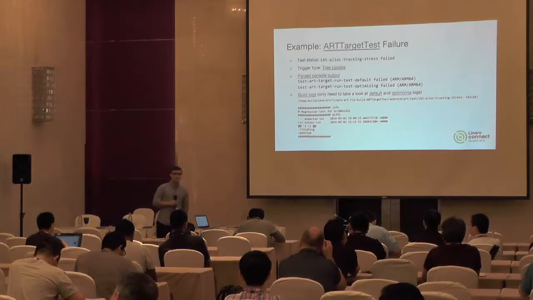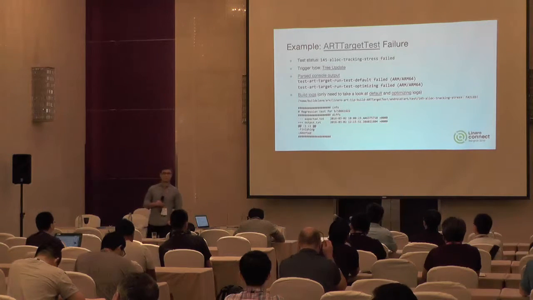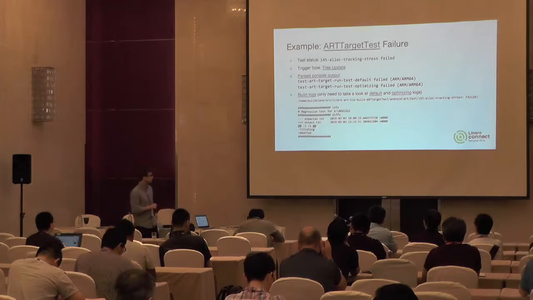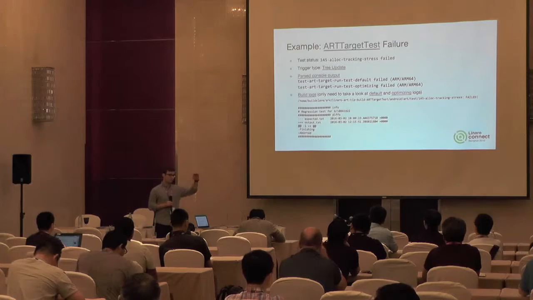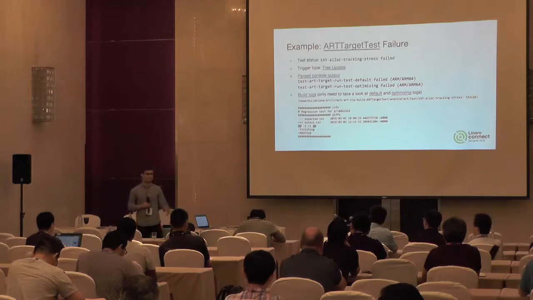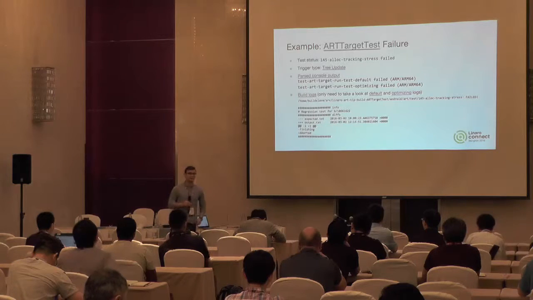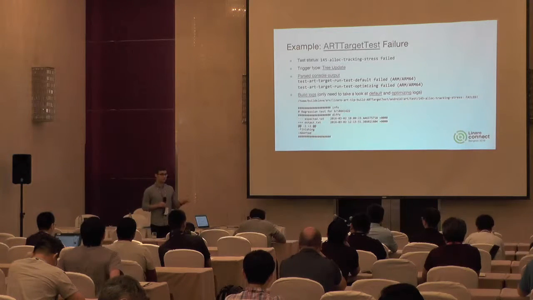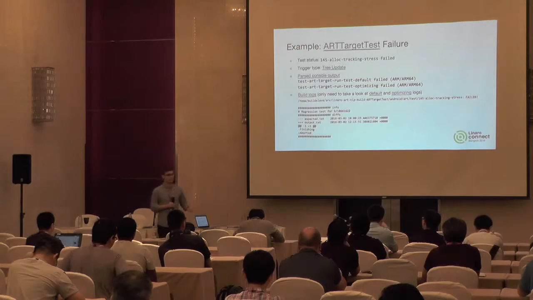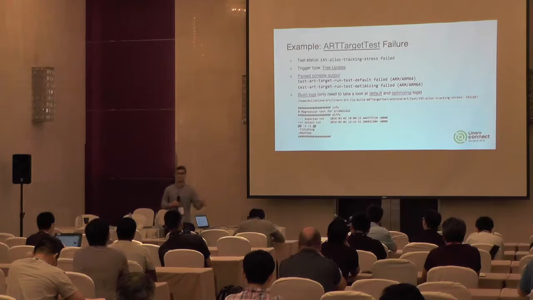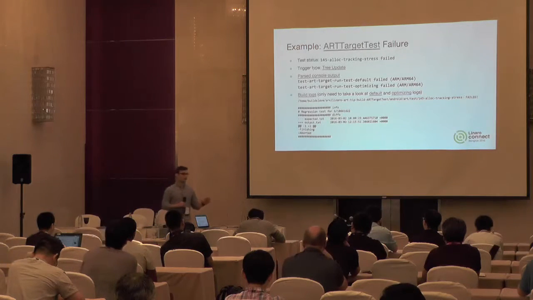Okay, we've done that. Let's take a look at the parsed console output and figure out why this is failing. For all the builds, there are probably millions of lines of standard output. The parsed console output basically looks for filters. It looks for things like errors, warnings, debug checks, and things like this.